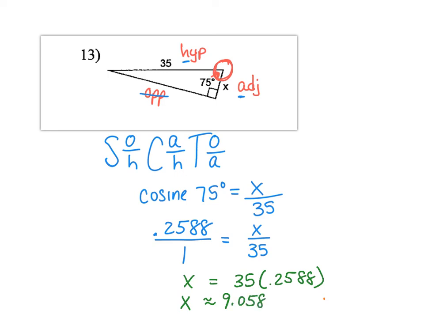I'm not that picky, so I would go with either 9.05, 9.06, 9.1. Any one of those would be appropriate. So we're going to say x is approximately 9.1. That's the nearest tenth. If I underline here and I look to the right, I would round up, so it's 9.1.